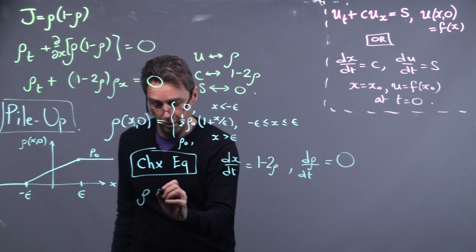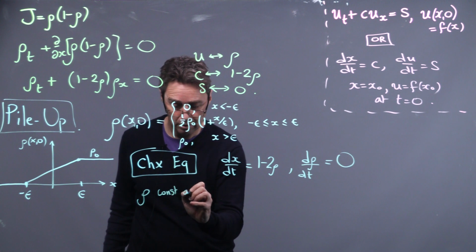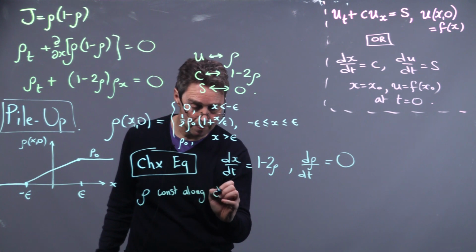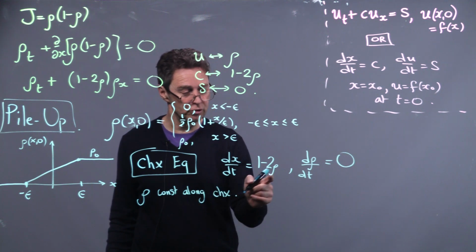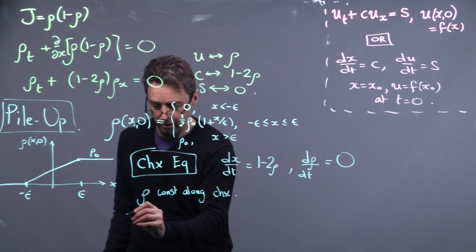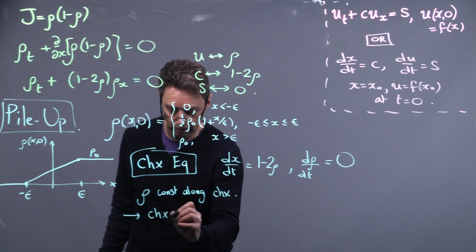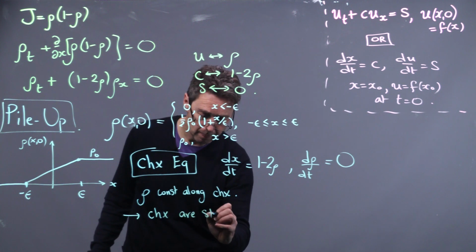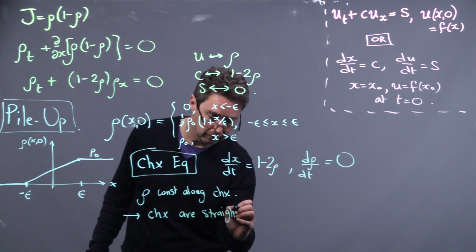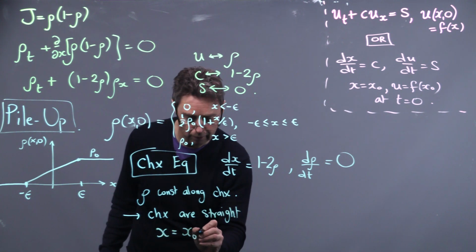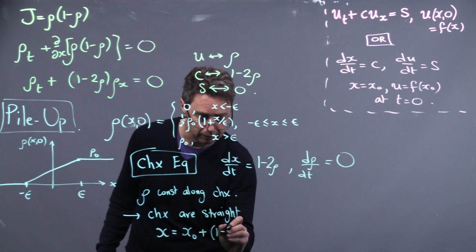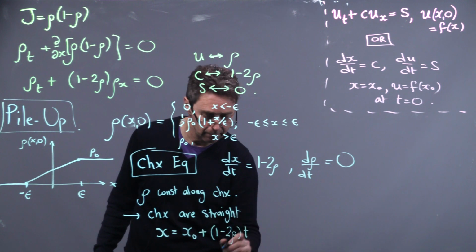So rho is constant along the characteristics again. That's a great simplification. That means that here we can just treat rho as a constant and integrate it. So that means that the characteristics are straight lines. And we've got that x is equal to x0 plus 1 minus 2 rho t.